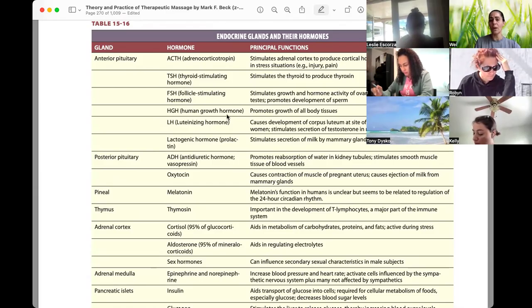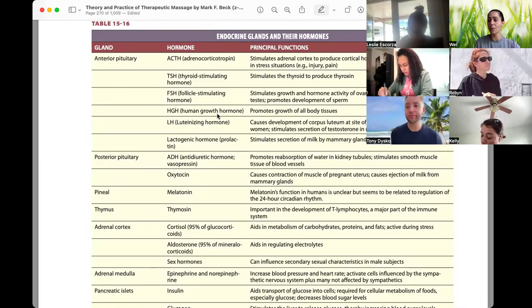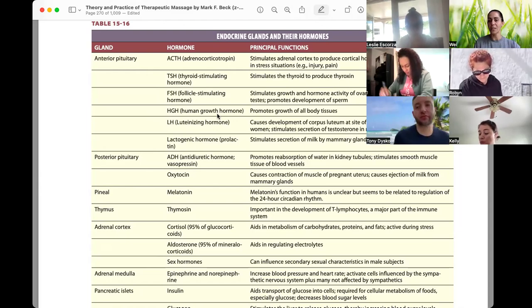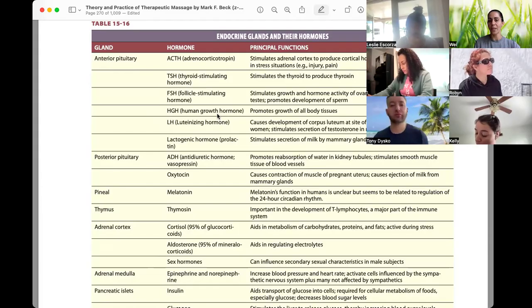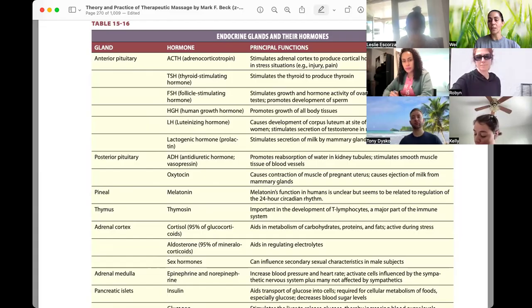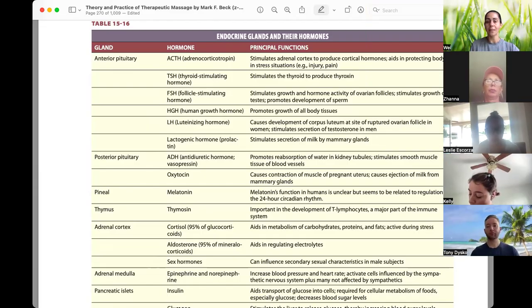Some people, I actually tried it briefly just to see the effect of taking human growth hormones, and it really helps energy level. It helps with your skin and tissue and strength and all that stuff. So as we get older, the human growth hormone starts to become less and less.